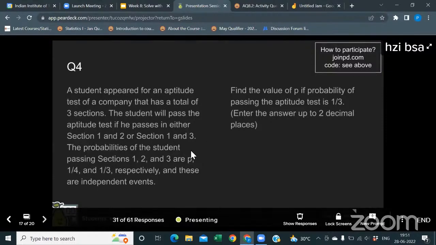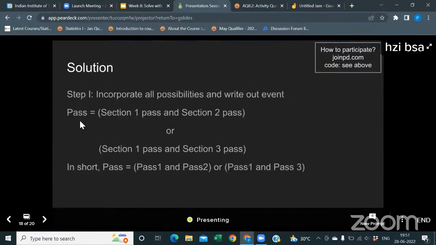So how can we do this? Pass means pass in section 1 and pass in section 2, or pass in section 1 and pass in section 3. This is given in the question already, right?